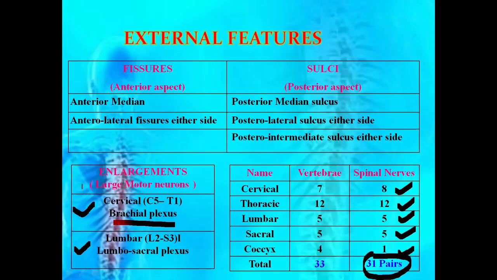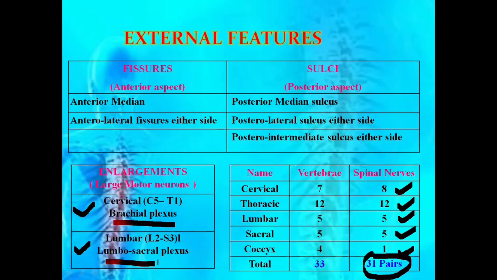All these nerves supply the upper limb, and you study them as the brachial plexus. Same as in the lower limb, you study the lumbar plexus L2, L3, L4, L5, S1, S2 and S3, together named the lumbar or lumbosacral plexus. So these are a few words you can remember about the enlargements.